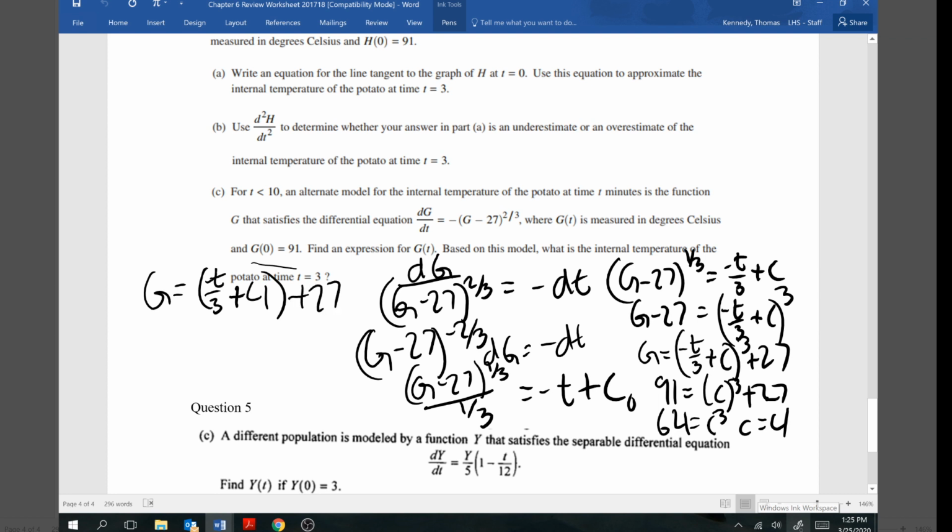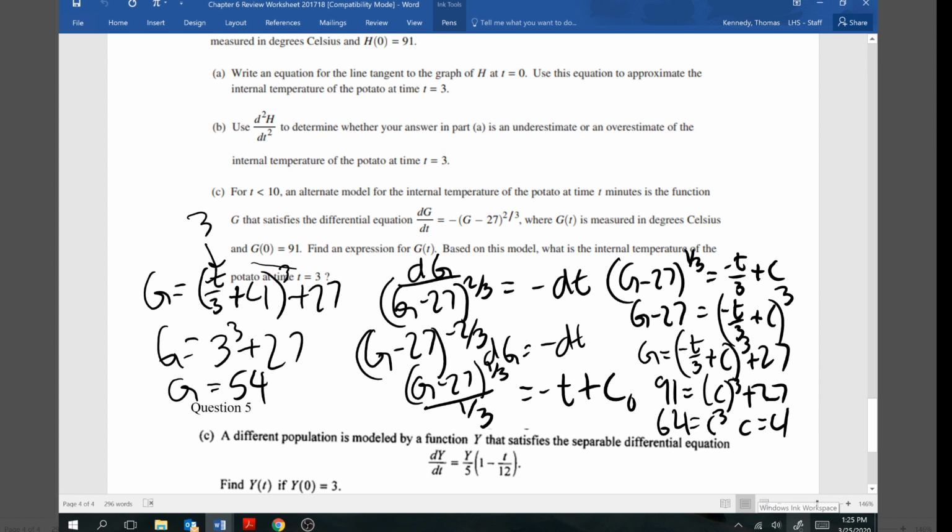And then just chucking in a 3 up here. If we chuck in a 3, we get 3 cubed plus 27 equals g, so g is 54, 27 plus 27.